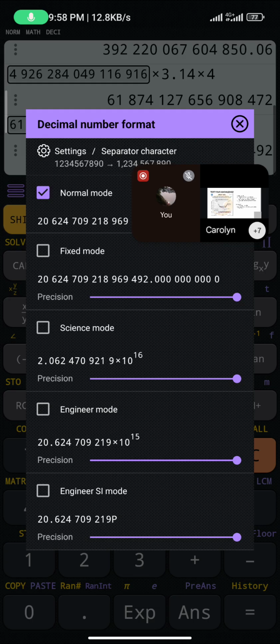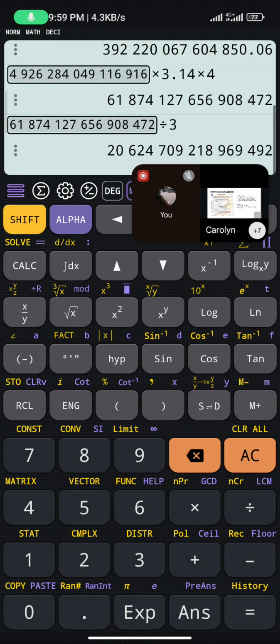Ripple, are you available? Ripple Sharma, are you available? Okay. Ripple, are you able to follow the session?